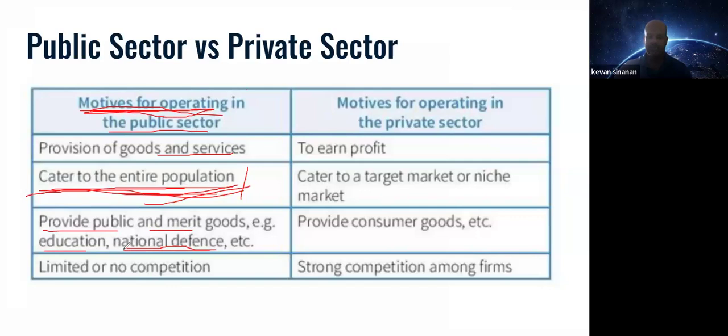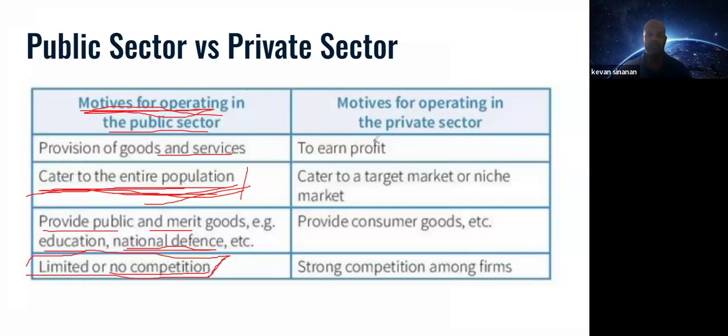And there's limited or no competition. It's really hard for somebody else to come and say, I am going to compete against the government or the public sector and provide a better service. It's very rare that they would succeed.